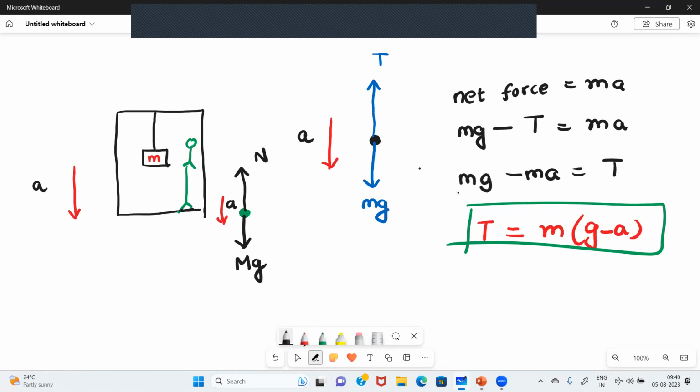Net force on this man is equal to ma. And what is net force? Mg minus n, because mg is acting downwards, n is acting upwards, so the resultant force is mg minus n.